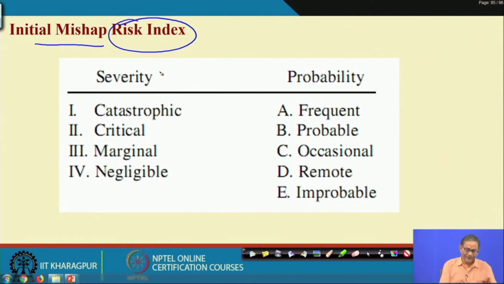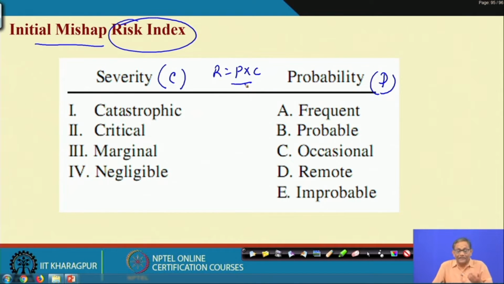Severity is the part of consequence, and probability is P, as we have told that risk equals P into C. Once you know the probability in quantitative terms and consequence or severity in quantitative terms, then risk will also be in quantitative terms. That is quantified risk, which is basically objective in nature, then it is quantitative risk assessment.